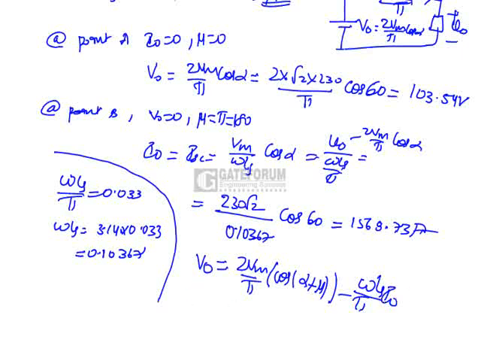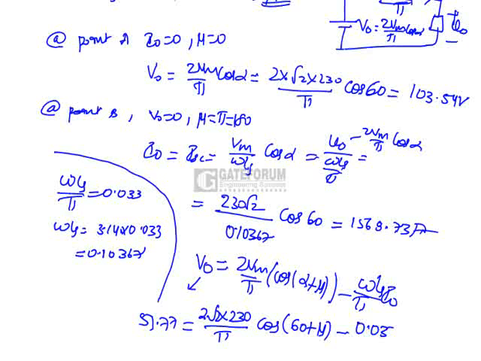The open circuit voltage V0 is given as VA by 2, so VA by 2 is 51.77, which equals 2 root 2 into 230 divided by pi into cos of 60 degrees plus mu, minus omega Ls by pi, which is 0.033, into I0, which is 1568 by 2.5, as we have to calculate at point P. That gives 627.492.